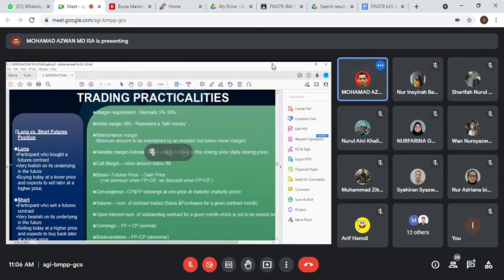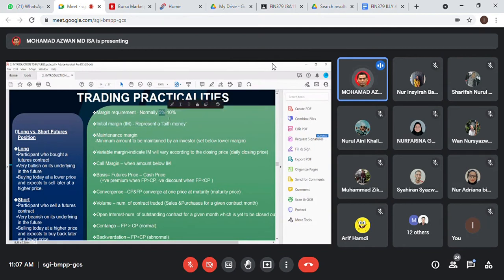Let's say the Bursa asks you to pay 5% of the 100,000. So you have to pay 5,000 to start the futures trading. You don't have to pay 100,000, you just pay initial margin.